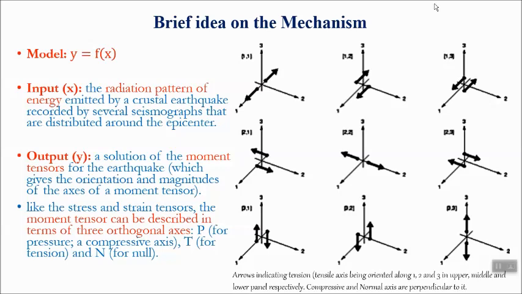So the FPS finally gives us the direction and the magnitude of the 3 axes, that is P, T and N.